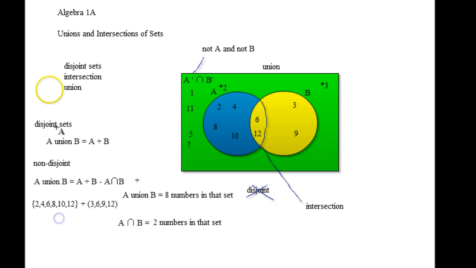If you notice, here's something really unique. I'm actually double counting 6 twice. I'm counting it once here and once here, and I'm also counting 12 twice. Because I'm counting it twice, I need to subtract it from the original. I just realized I used the wrong notation. Let me use the curly braces.